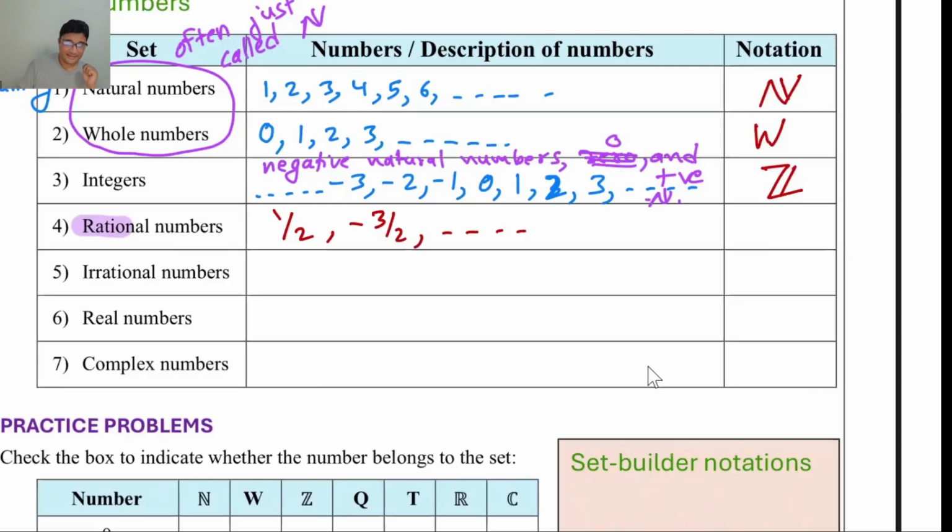Those of you who are interested, I would recommend you do some additional study, watch some videos on that. There is a concept that you have as many rational numbers as you have natural numbers. Actually, okay, it's not that you have more rational numbers. You cannot say that. You have the same amount of natural numbers and rational numbers. How is that?